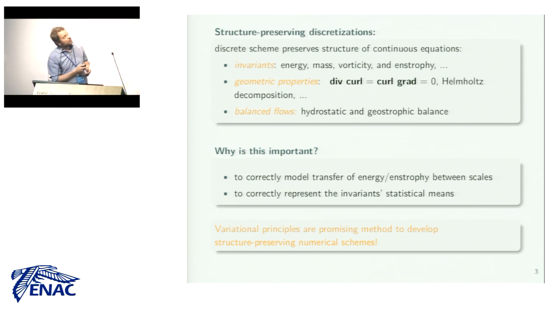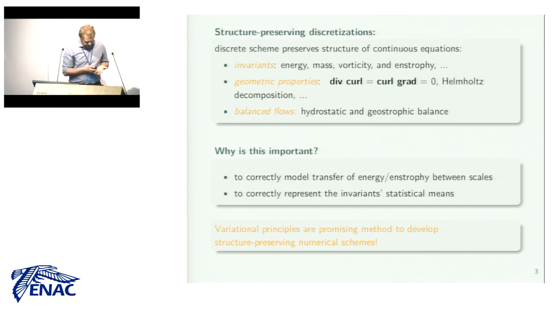On the discrete level, we also want geometrical properties like vector identities or the Helmholtz decomposition of velocity to be preserved. Or that flows stay balanced, because in the atmosphere we know we have a hydrostatic balance, so we know that more dense particles are below lighter particles. This balance has to stay in our numerical model, otherwise it doesn't make sense.